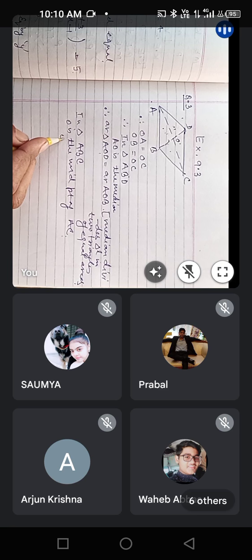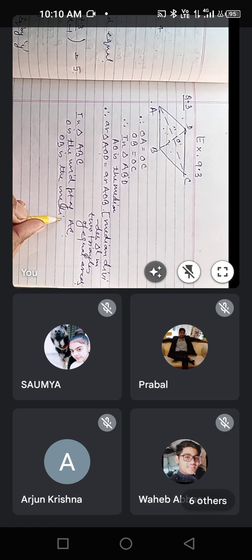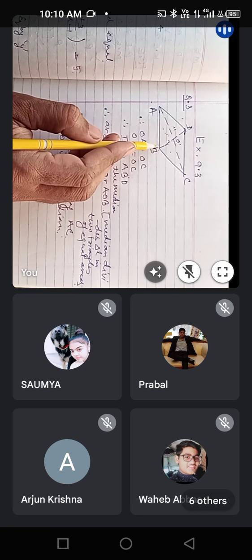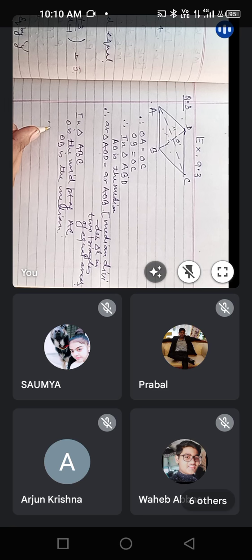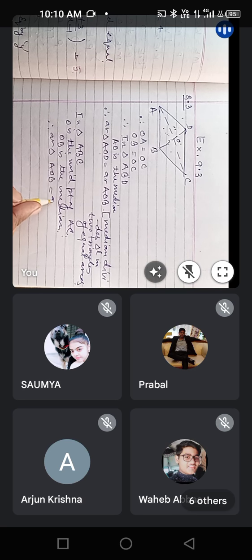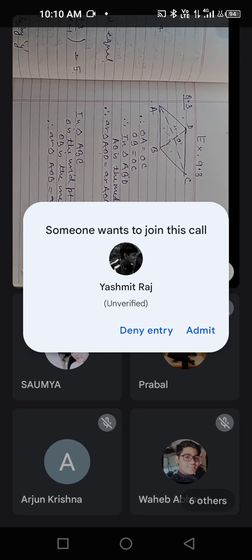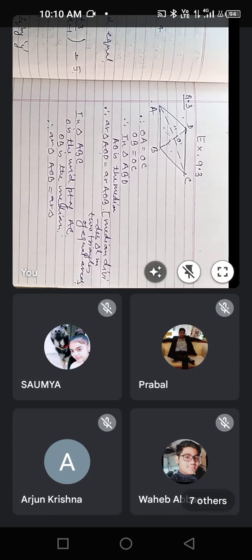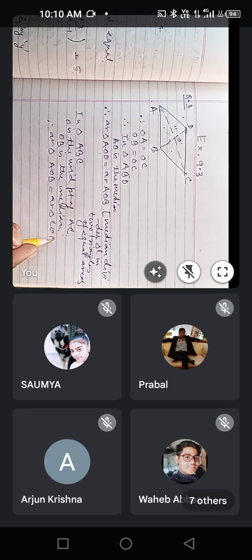Therefore, OB is the median. This is the median. Therefore, area of triangle AOB is equal to area of triangle COD.